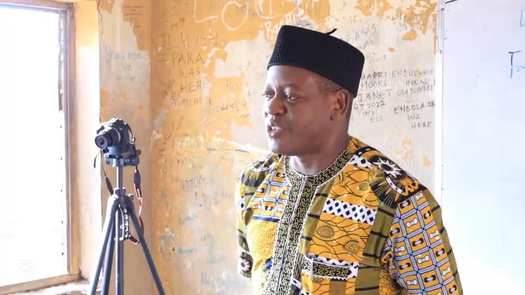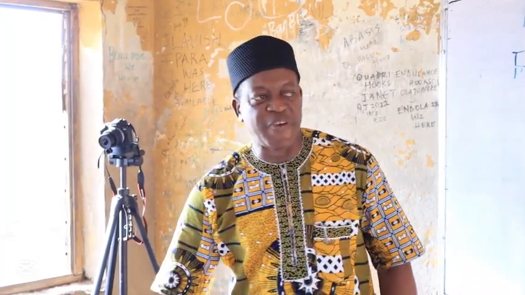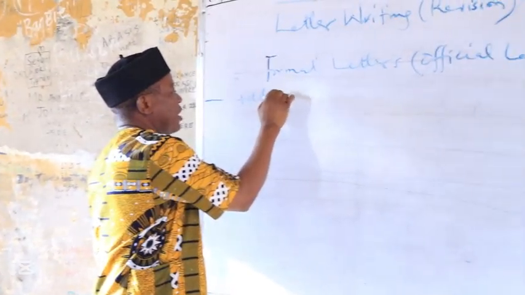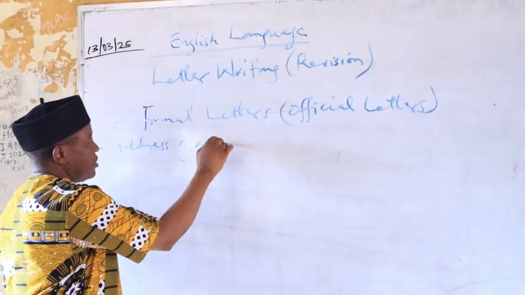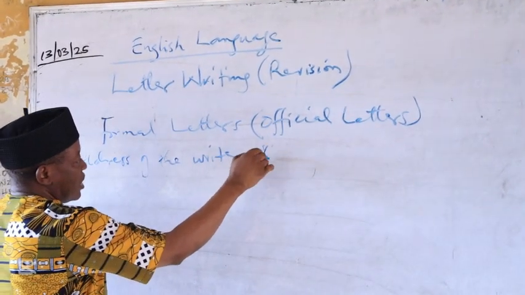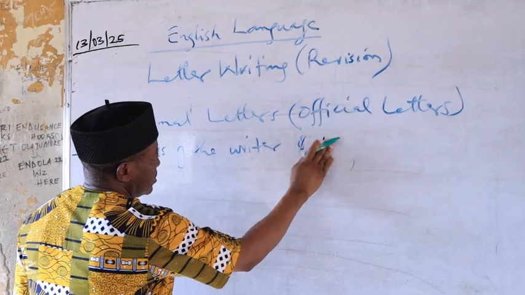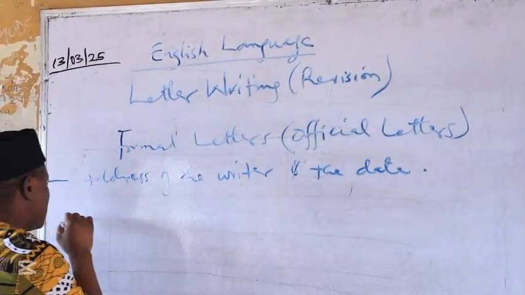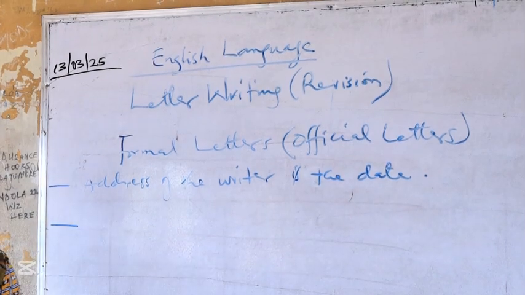Now, to write a formal letter, what are the stages? What are the things or the steps you are going to take? The first one is what? Address of the writer. And the date. That's the first step. 2.